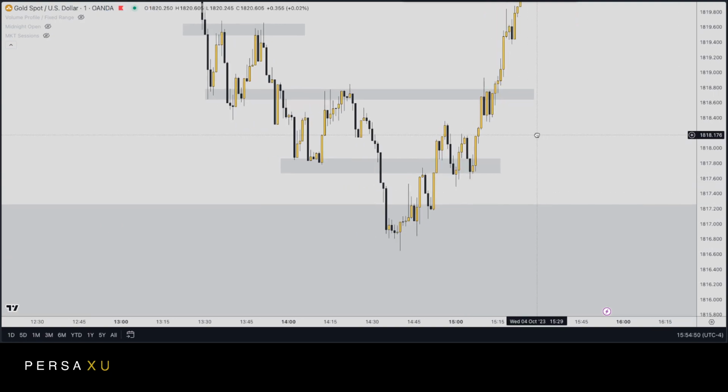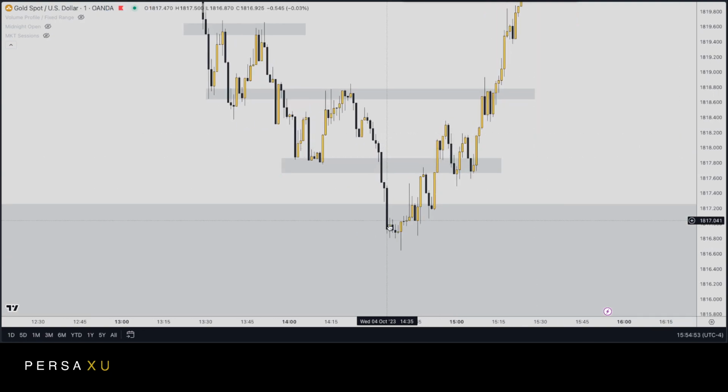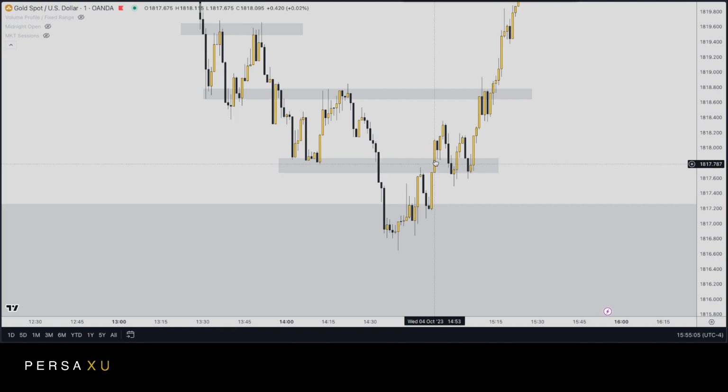I don't have to explain much because it's pretty evident that when market does not respect this resistance and it closes this candle and this candle, specifically this candle, when this candle closes above this wick, but also more importantly into this range, that's when I just start paying attention.